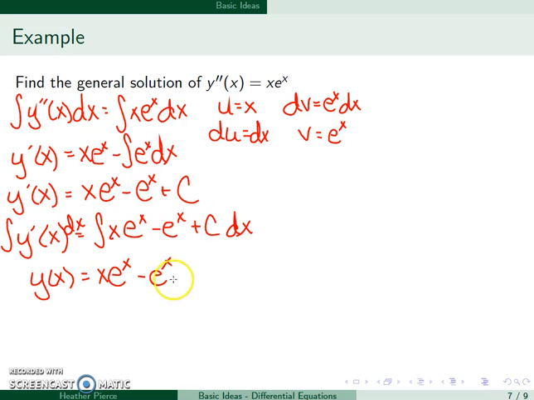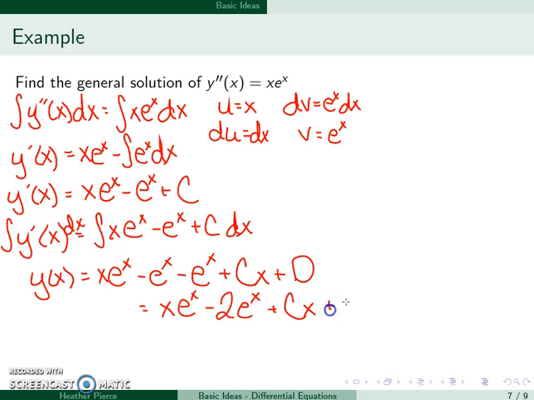The integral of negative e to the x will be minus e to the x. And the integral of c is cx. And since we took another integral, we'll have another constant of integration. So x e to the x minus 2e to the x plus cx plus d.